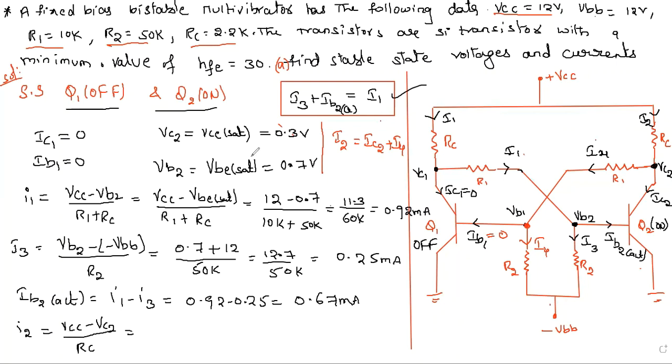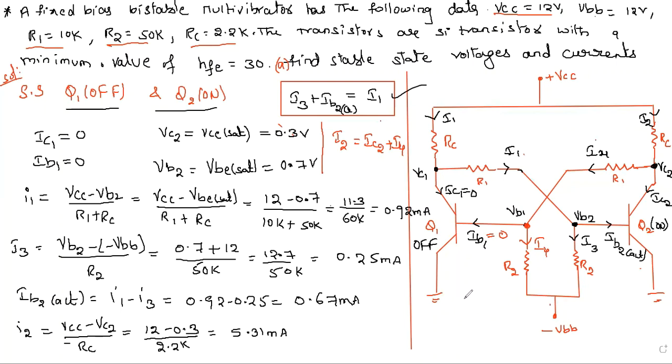That is 12 minus VC2, which is 0.3, divided by RC, given as 2.2K. So it is 11.7 divided by 2.2, which is 5.31 milliamps.